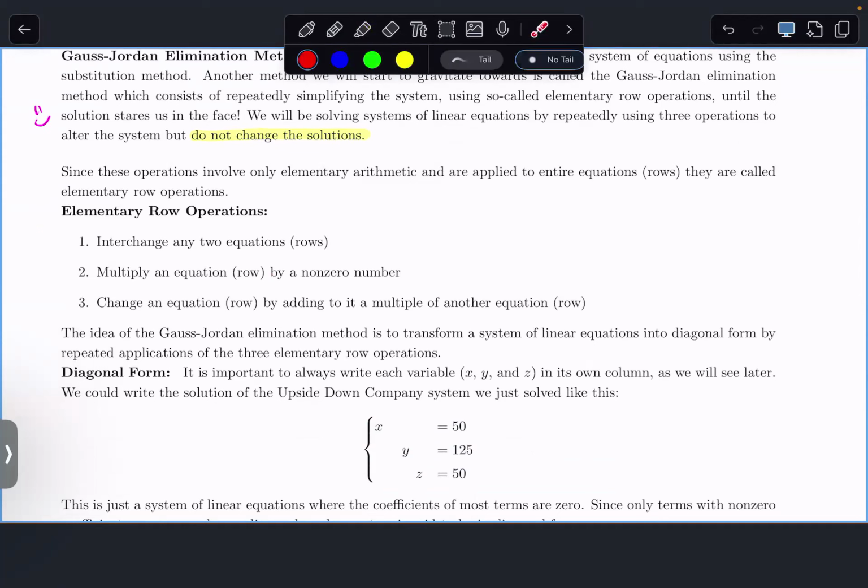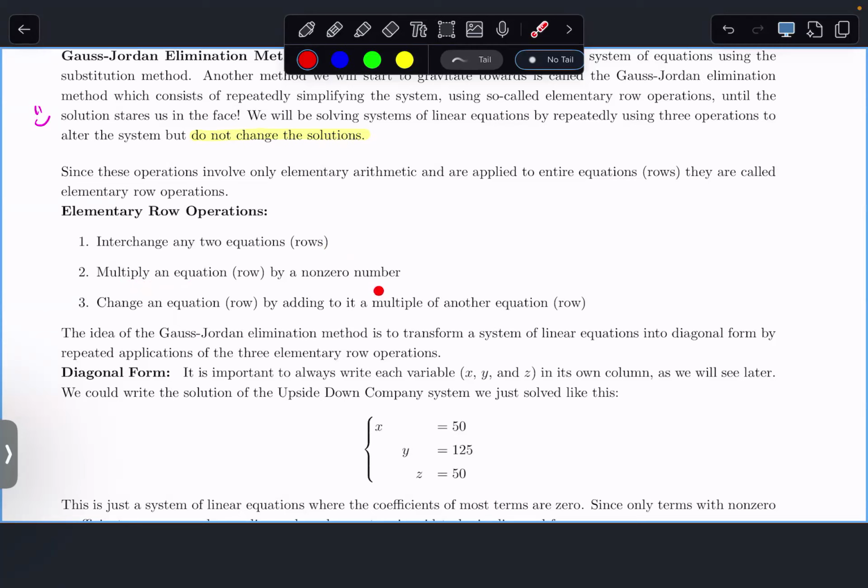First, you're allowed to interchange any 2 equations or rows, if you like to think of them that way. You're allowed to move the equations around each other, that's fine. Then you're allowed to multiply an equation or a row by a non-zero number.